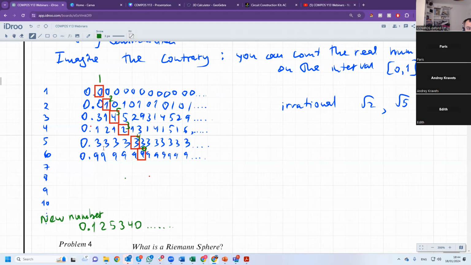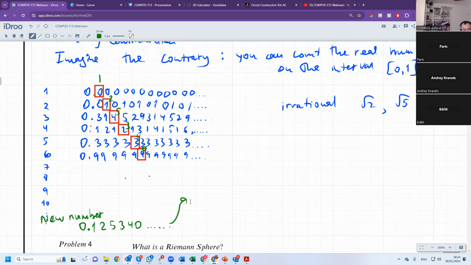It's different from the second one, because it has a different digit on the second position. It's different from the third number, because it has a different number on the third position. It's different from the fourth number, because it has a different number in the fourth position, etc.